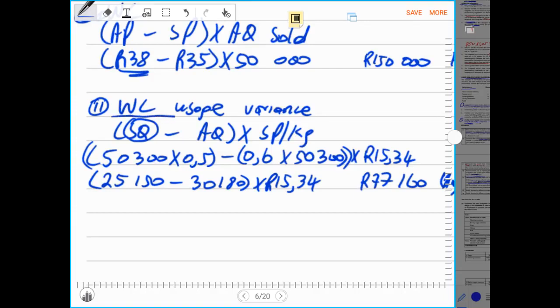You must know how to calculate the standard kgs. Remember, for standard kgs, you say based on the standard information, how many kgs or liters am I supposed to mix for 1 unit? I'm supposed to mix 0.5. Then the question is again, how many units were actually manufactured? I manufactured 50,300.